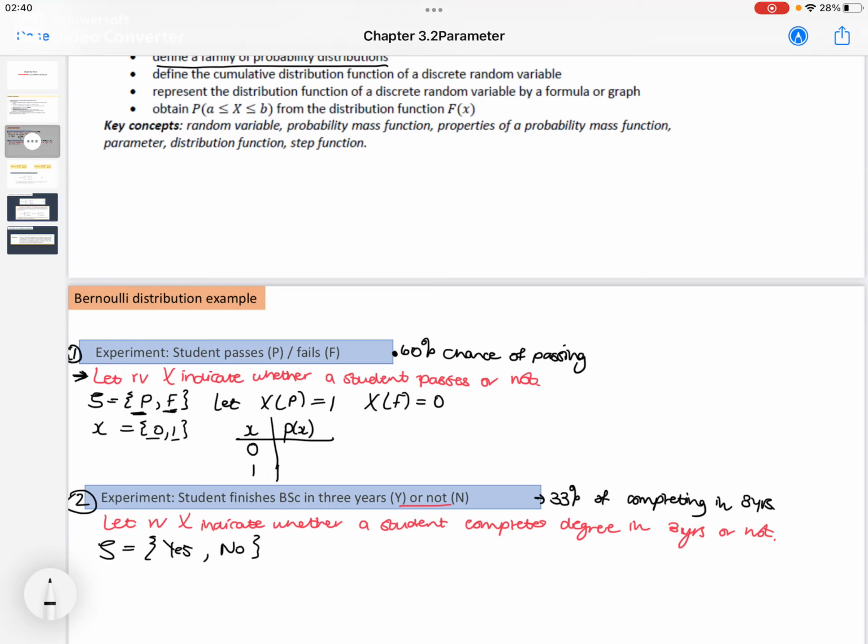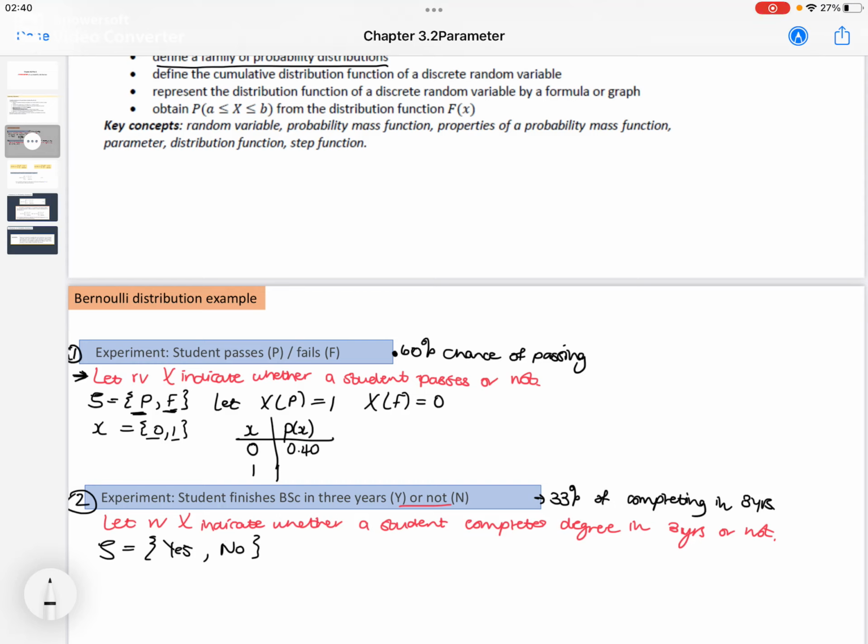The probability of x equal to 0 is equivalent to the probability that a student would fail the assignment or the test. Using the given information, we could say that P0 is equal to 0.4.